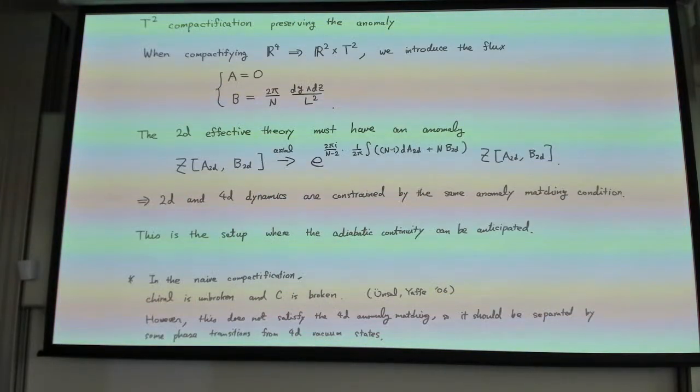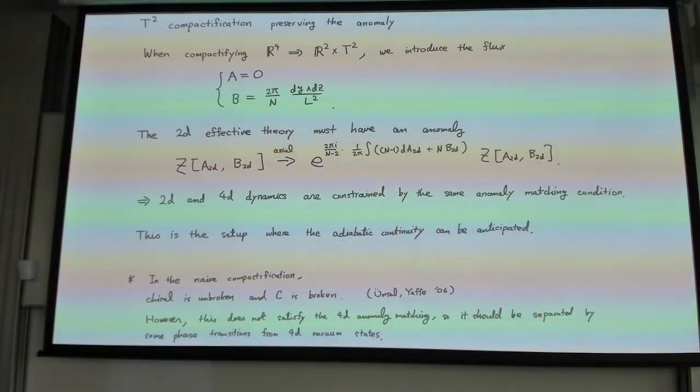The question is what happens if we perform this T^2 compactification with introducing this kind of 't Hooft flux. If you perform just a periodic compactification, there is no remnant of the anomaly. But if you introduce this background gauge field, a background flux for the compactified T^2 direction, then the 2D effective theory has a non-trivial anomaly, which is obtained by the dimensional reduction of the 4D anomaly.